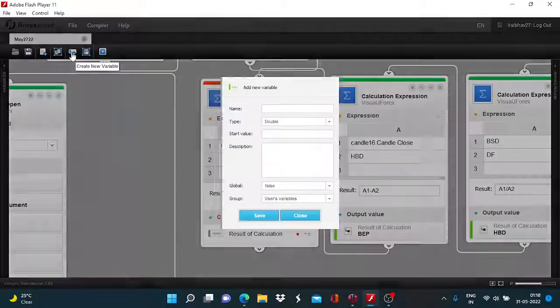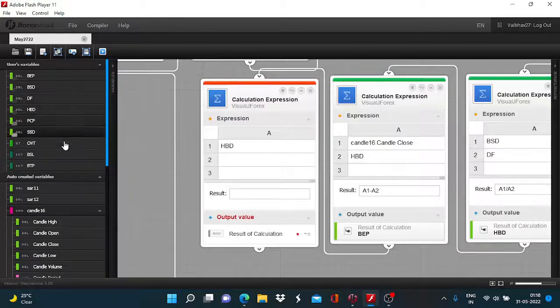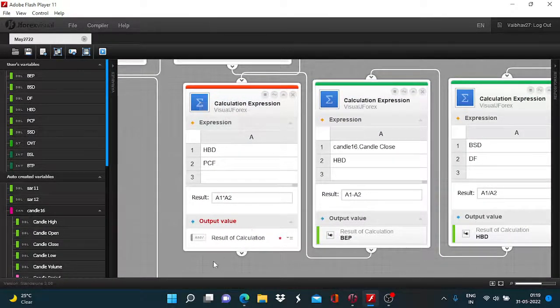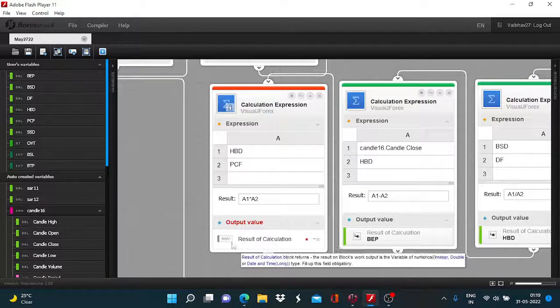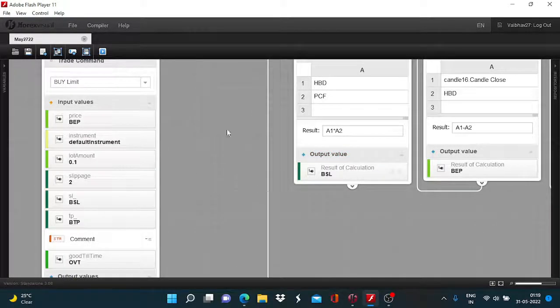Now I need to create a new variable with the start value of 10,000, as Euro USD has 4 decimal points. This calculation will be A1 into A2, and then, sorry, we have already put in place the variable, so I will simply assign it here.